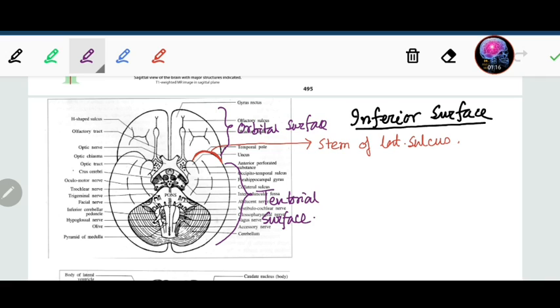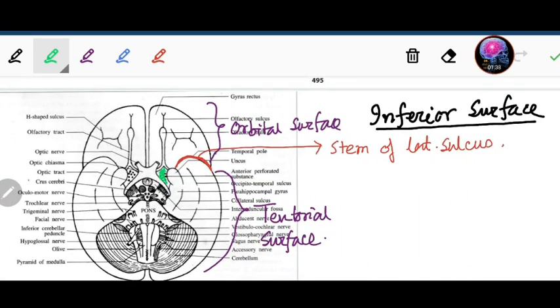This stem commences from a depression known as the anterior perforated substance. This is the area of the anterior perforated substance.